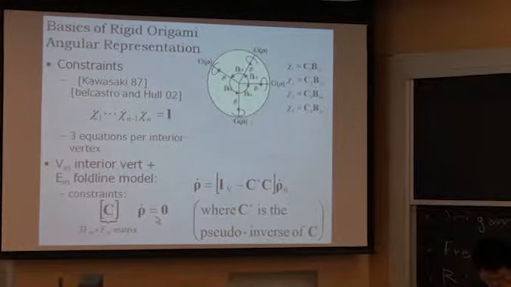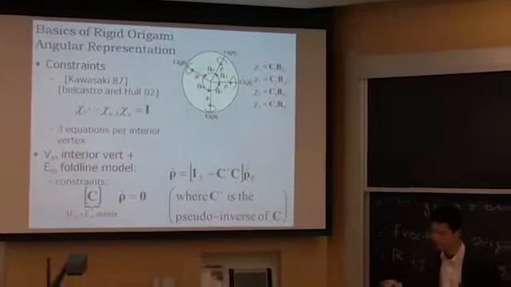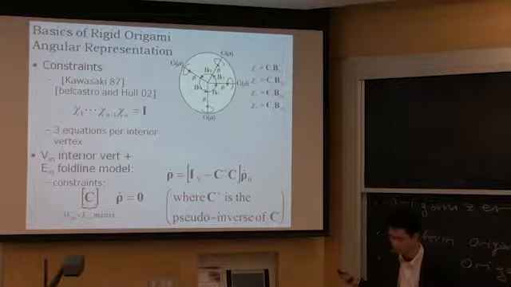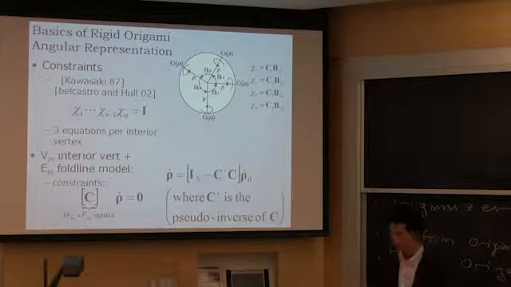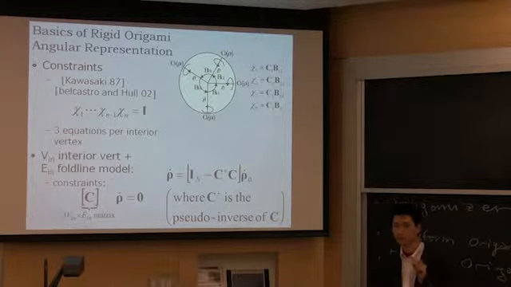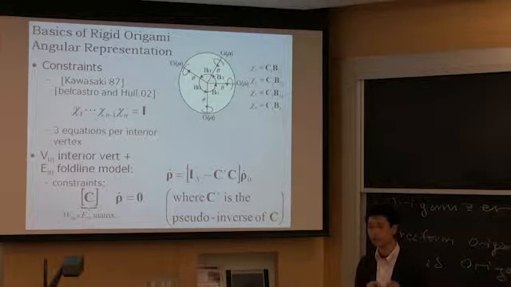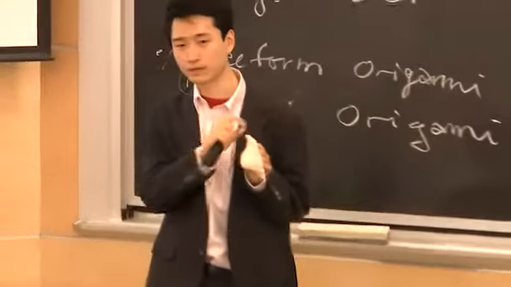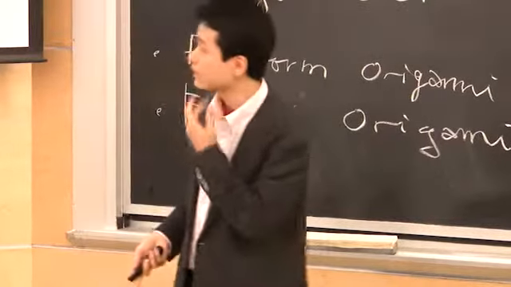So first thing we want to do is to simulate folding to understand the geometry, the kinematics of rigid origami. This can be represented in different ways. The first easy representation is a truss model, which uses vertex coordinates as the variables and then constrains them with rigid bars that connect the vertices.